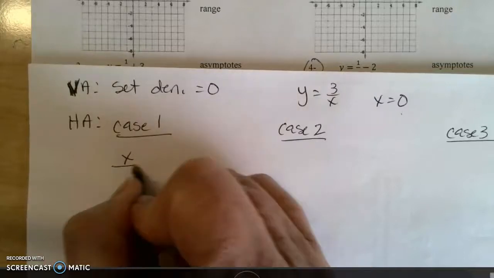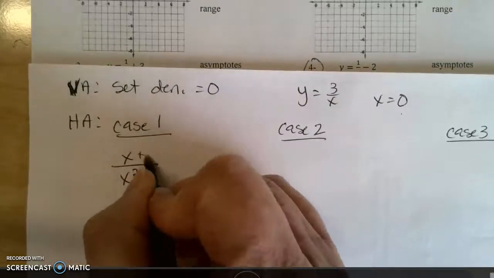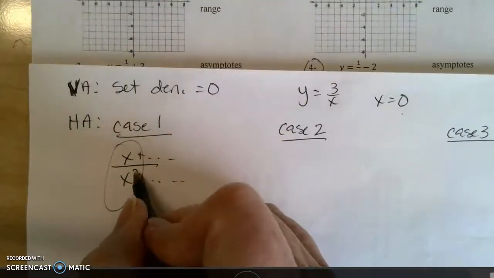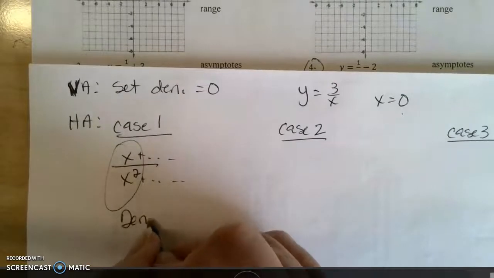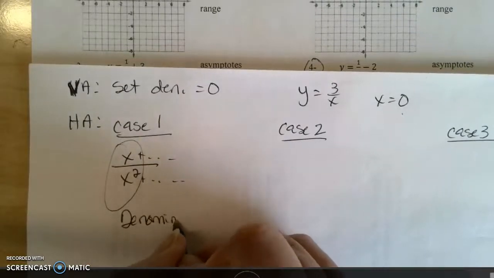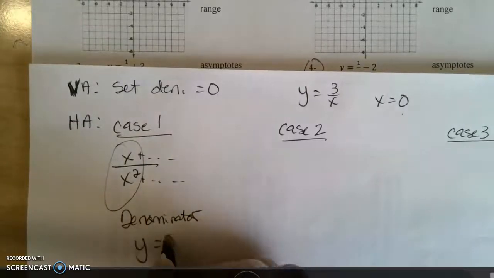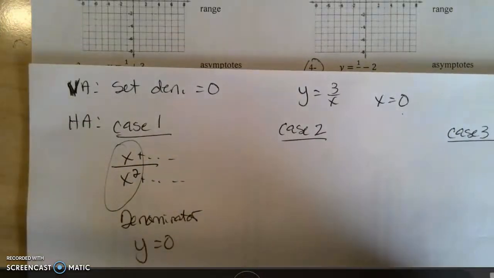So like this, if I had x over x squared plus blah, blah, blah, plus blah, blah, blah. It doesn't matter what anything else is. You look at the highest exponent. If the highest exponent is in the denominator, then y equals 0 is your horizontal asymptote.